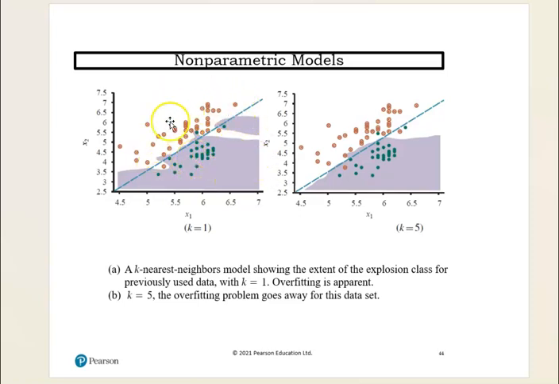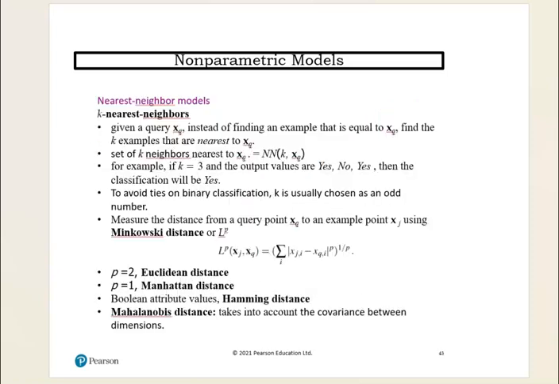In this case, you can see that we overfit this area. That's probably not a good generalization. We also overfit this area right there. So as you can see, non-parametric methods are still subject to underfitting and overfitting, same as parametric methods.